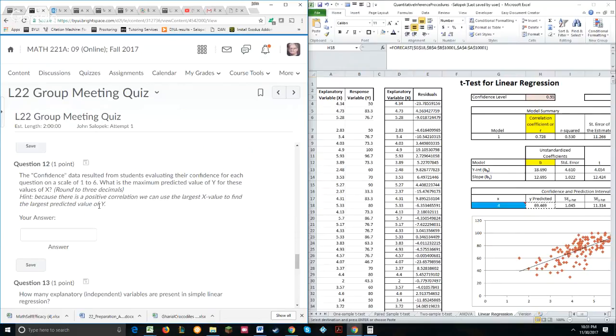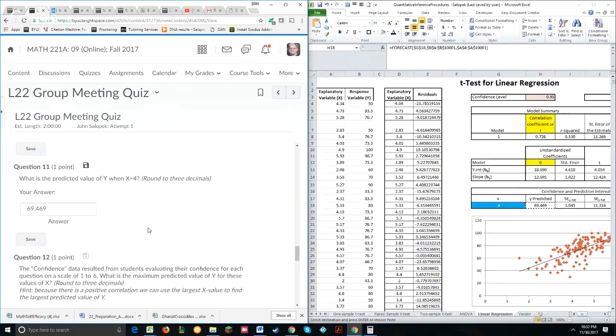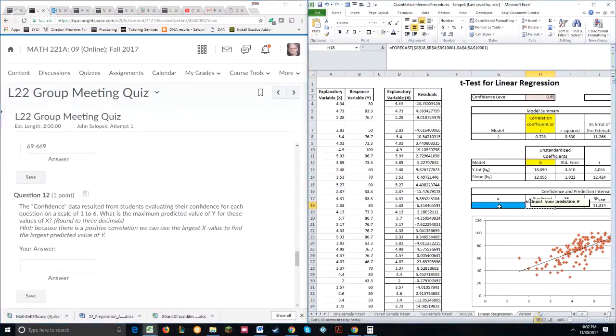So then we're just putting 6 into the equation, right? I'm confused though. I don't know exactly what they're trying to ask for. What is the maximum predicted value of y for these values of x? Is this still asking based on the other one? I think so. Or could it be this predicted interval for y? I think this is starting a whole new question here.